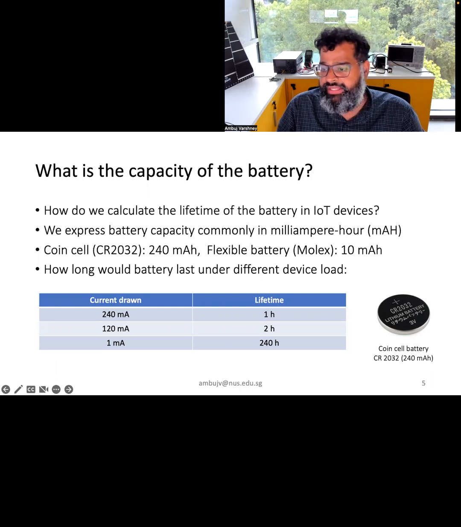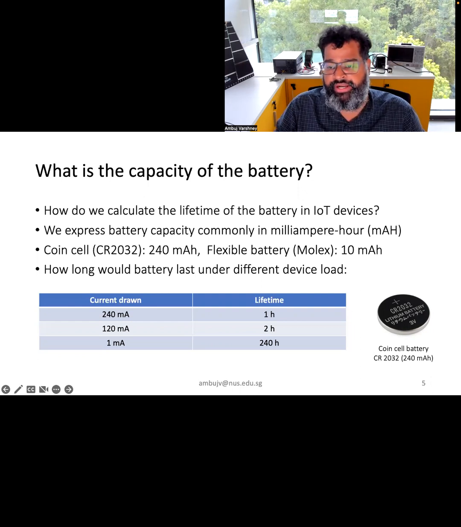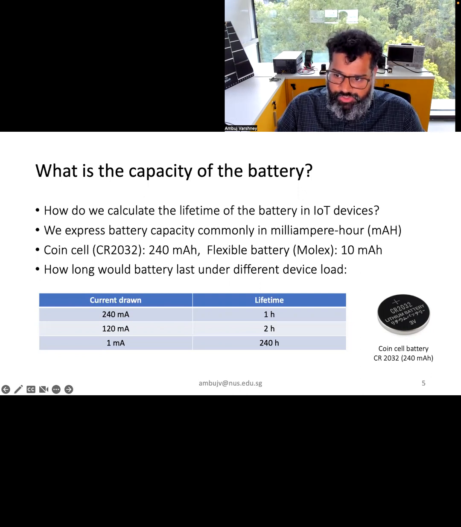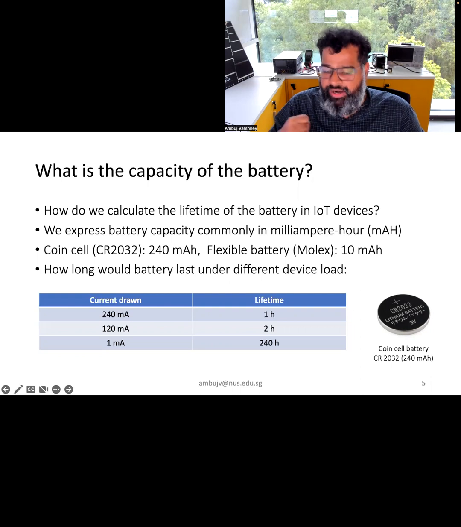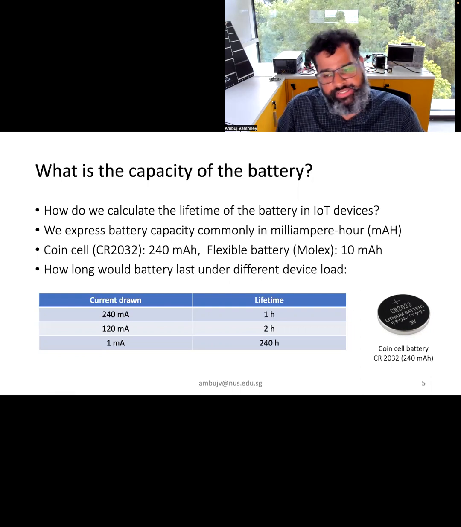This capacity means that if you draw 1 milliampere of current from the coin cell battery, it would last for 240 hours. Similarly, if you draw 40 milliamperes of current from the same battery, it would last only for 6 hours. Of course, we should be cautious that this is a very simplistic way of determining our battery life and lifespan. There are often other factors that actually impact the actual performance of the battery.